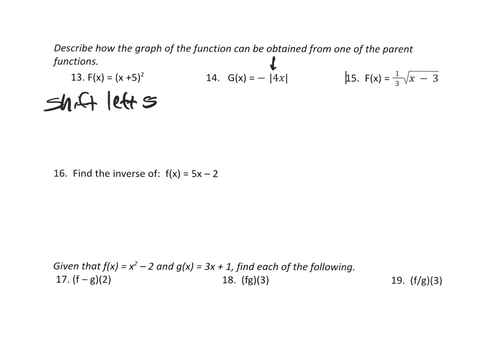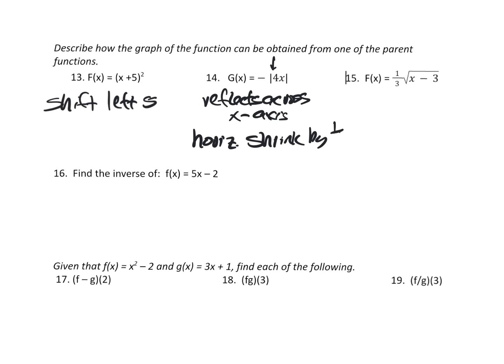This one has 2 things. It's got a negative in the front. Negative in front means it reflects across the x-axis. And the 4 is inside. It's multiplied. So it's a horizontal shrink. Remember, that's also opposite by the reciprocal. So I'm going to put by the reciprocal of 4 is 1/4. Don't write the word reciprocal. Please just write 1/4.